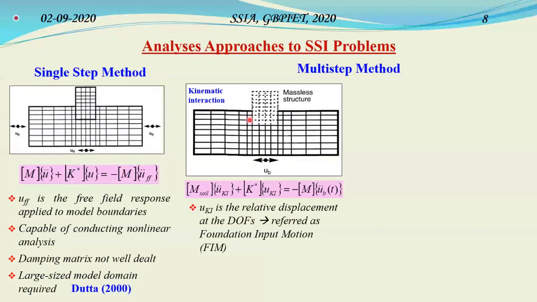That means at all these interfaces between the structure and the soil, we try to find out what is the relative displacement UKI. This relative displacement is also referred to as the foundation input motion, or FIM.